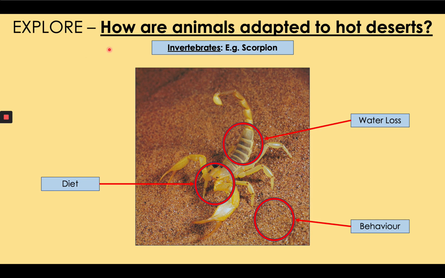So invertebrates, which are animals without spines, backbones, such as insects and scorpions — a scorpion is an arachnid like a spider — they don't need water, they often have waterproof skin, and they are very often nocturnal in hot deserts. These are the adaptations of some of the most well-known and some less well-known animals and plants, and they help you to understand how life survives.